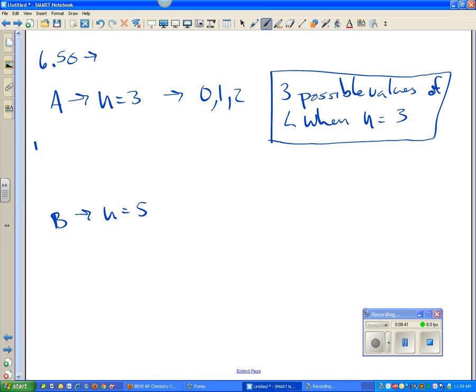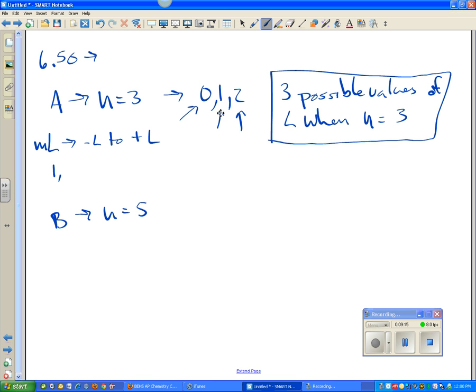All right, what about ML? For ML, we need to look at all these parts. So remember, ML is negative L to positive L. And we're going to have to do this for all 3 of these values, because it wants how many total. So negative 0 to positive 0, that's easy. When L equals 0, I only have 1 possibility.